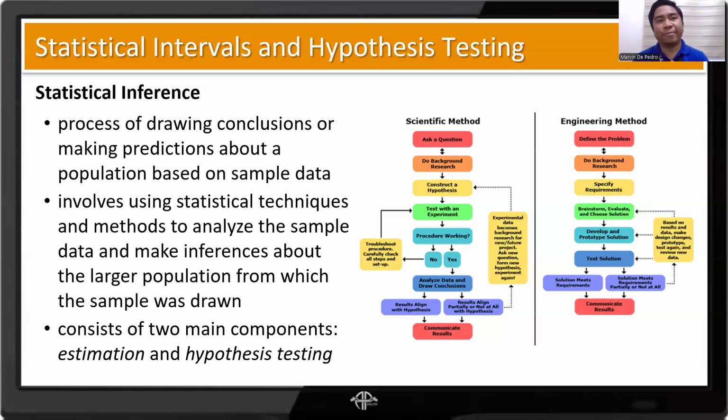So for example, if we conclude that all the components that we manufactured, all the resistors, for example, have only a 5% tolerance, or a 5% deviation from the target value, for example 100 ohms.